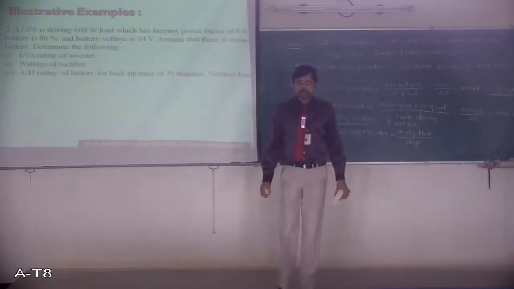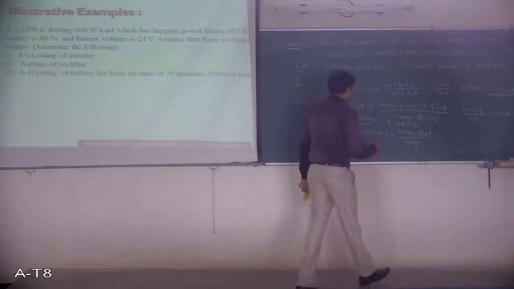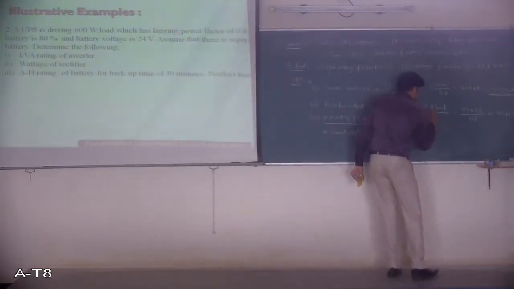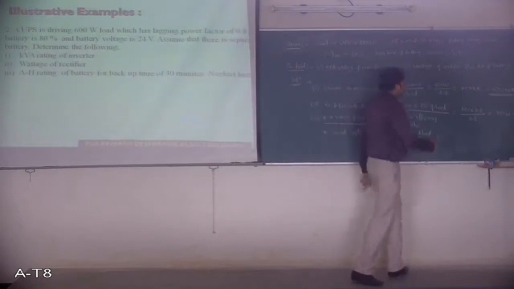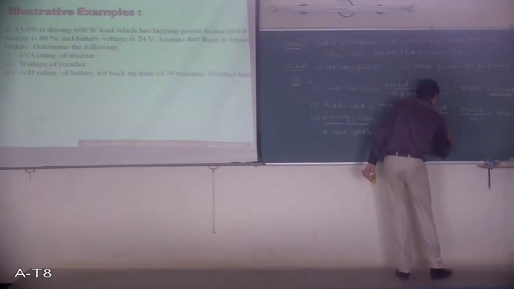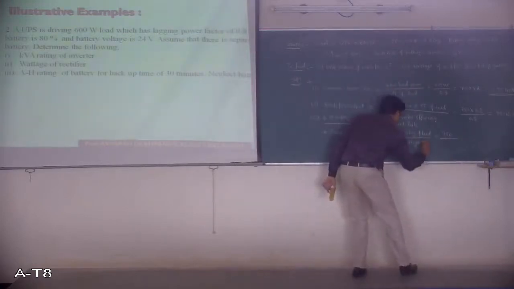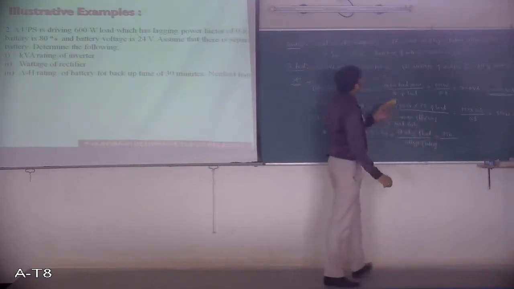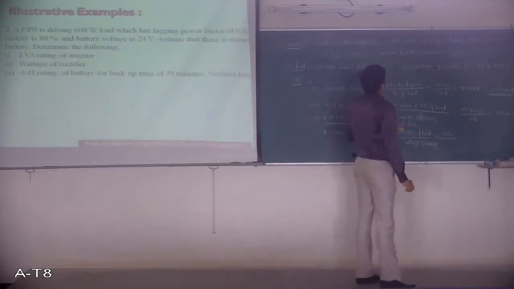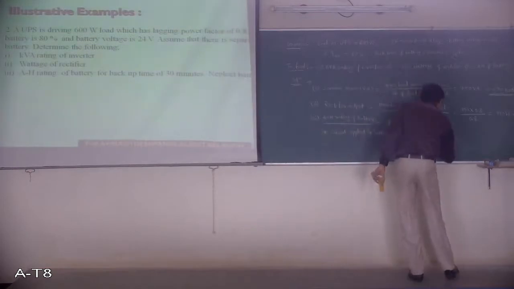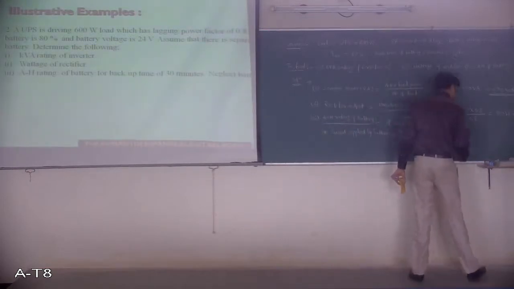Very simple it is. So what is the VA rating? It is 750 volt ampere, right? 750 divided by the voltage of the battery. Remember, the voltage of the battery is 24 volts. So divided by 24.